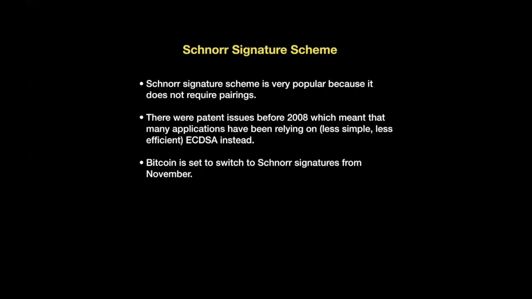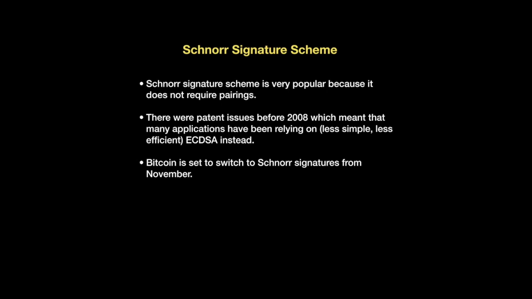So the Schnorr signature scheme is very popular because it doesn't require pairings. All you need is a group in which you believe the discrete logarithm holds. There were patent issues when it was first introduced, all the way through to 2008, I believe, according to Wikipedia, which meant that many applications have had to rely on an alternative, ECDSA, instead.